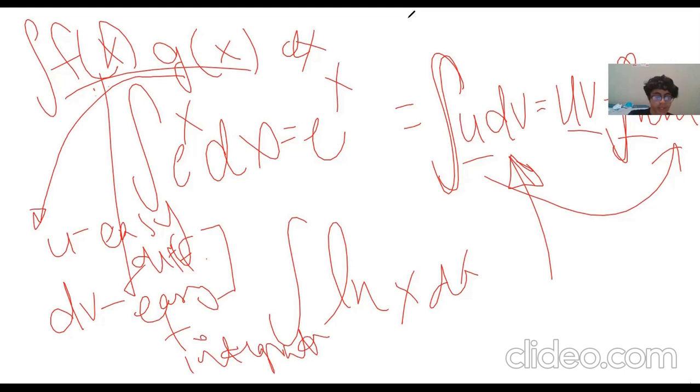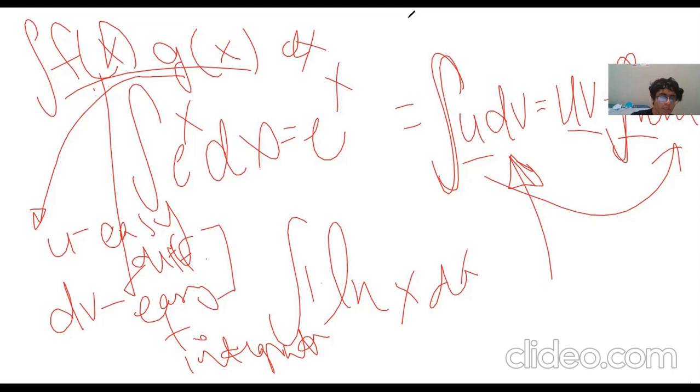So here we see, okay, natural log of x dx, where's the other function? The trick is the other function is just 1. So you're thinking, which one is easy to integrate, differentiate? Both of them are actually easy to differentiate, right?